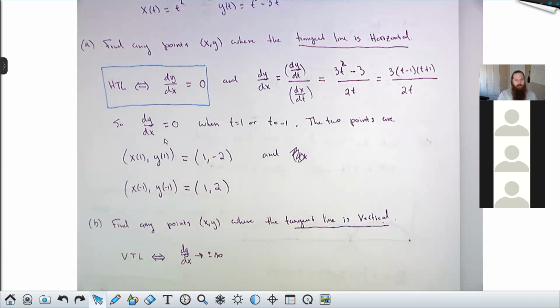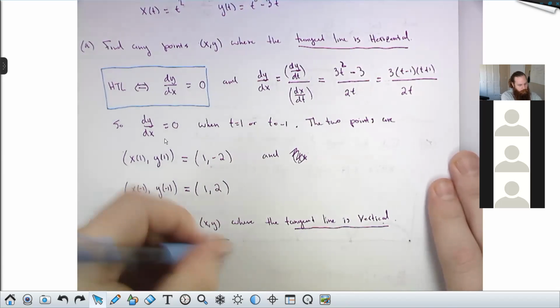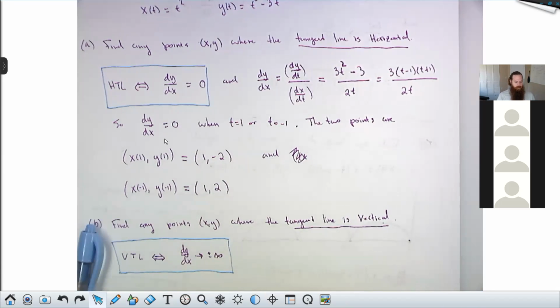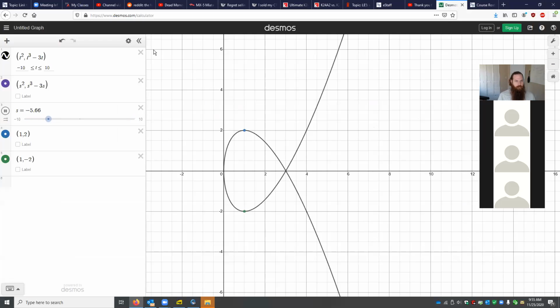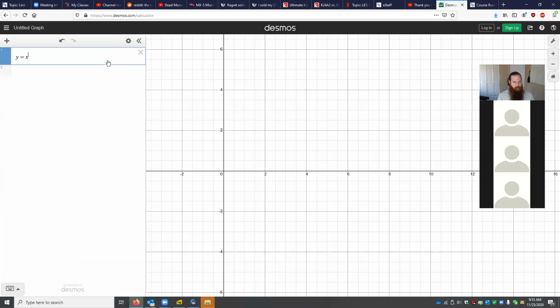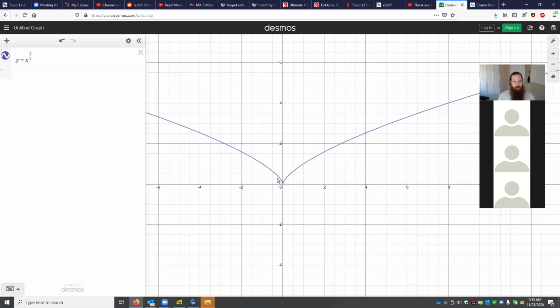So I'll show you an example from the Calc 1 sense, and then we'll return to our guy here. The classic Calc 1 example of a vertical tangent line is something like y equals x raised to the 2/3. And you see here at 0, this tangent line is becoming more vertical. So I'll call this f of x.